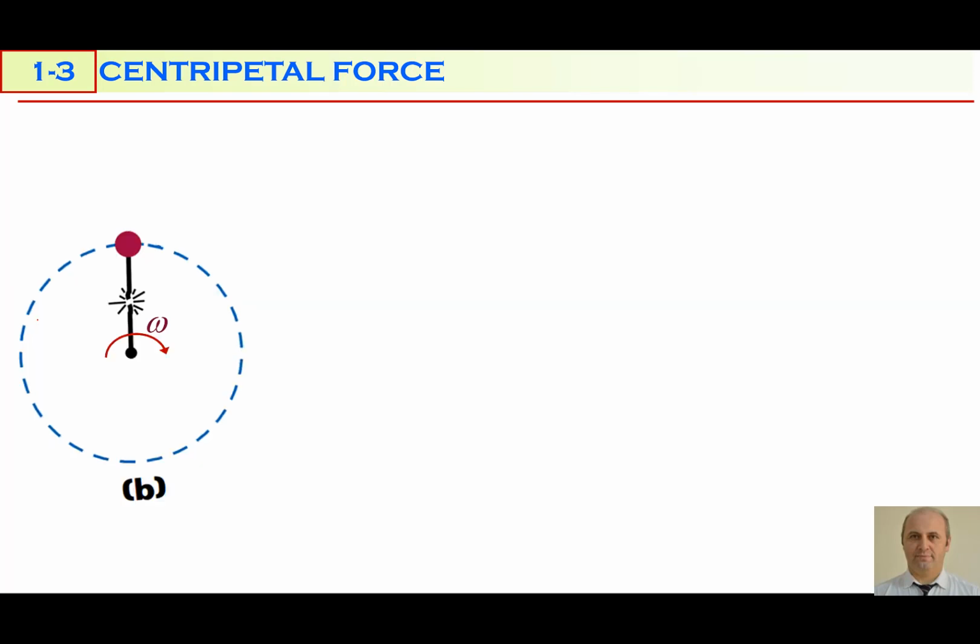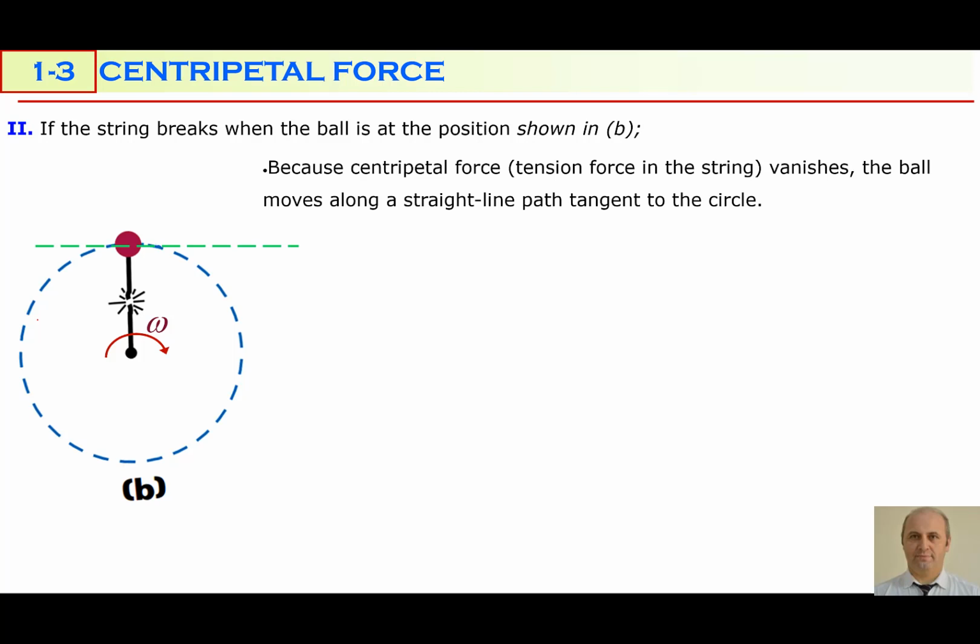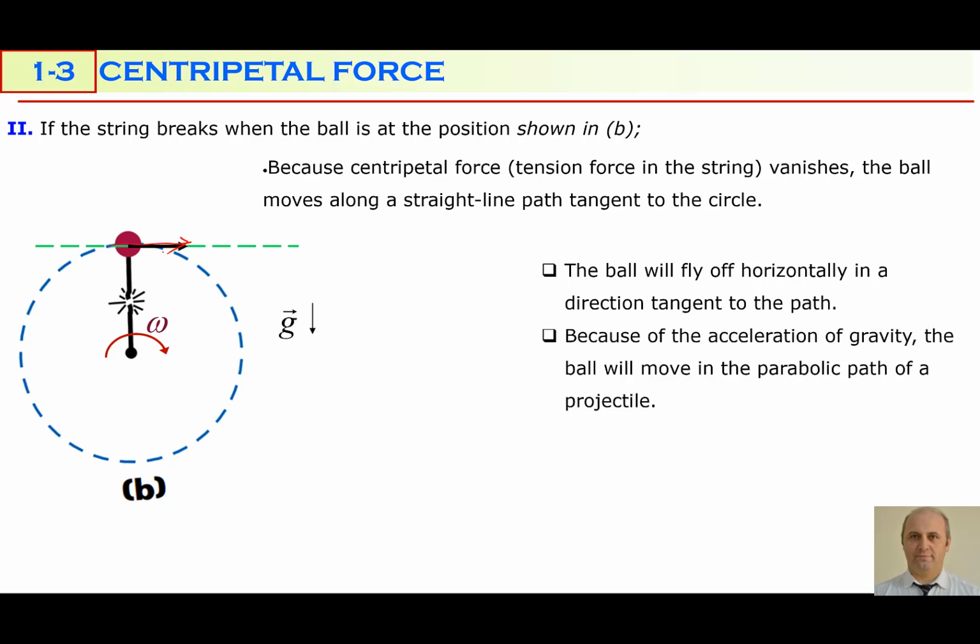But if you break the string when the ball is at the top of the circular path, again the tendency of the ball is to move along a straight line path tangent to the circle. So the ball will fly off horizontally in a direction tangent to the circle like that. But because of the gravitational pull of the Earth, this ball will follow a parabolic path.